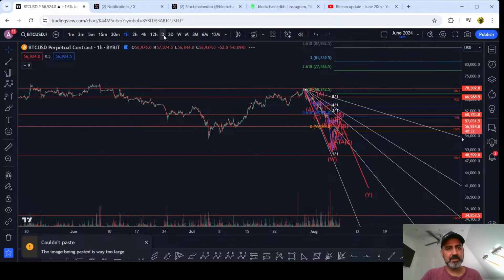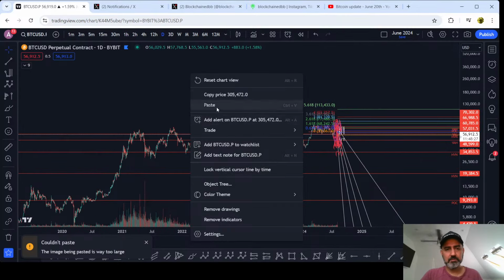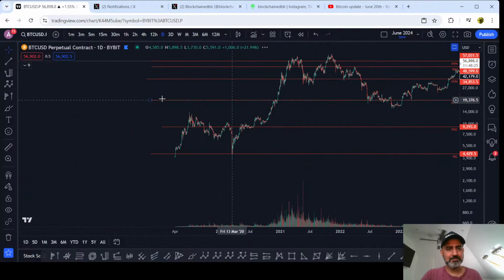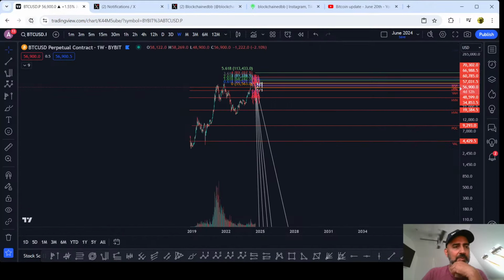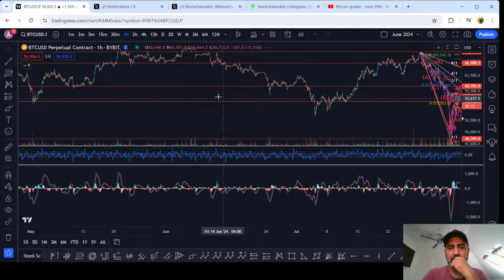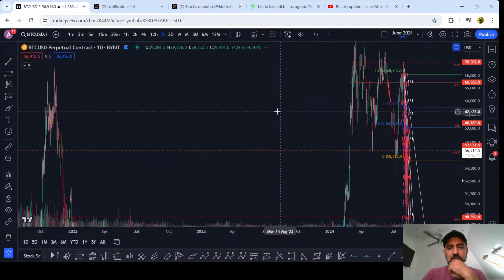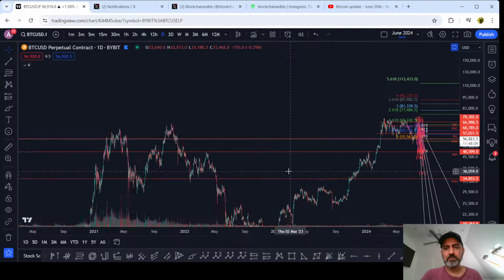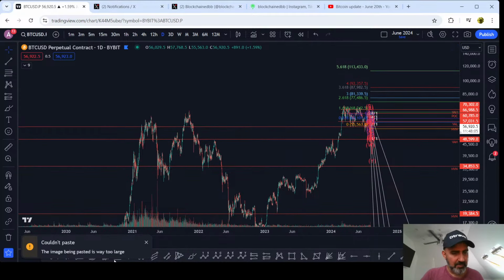I'm trying to paste it, it's not coming up. Paste. God, TradingView is a piece of shit. Let me just refresh this. Obviously there's a problem with TradingView. The image I'm pasting is way too large. Okay, that's fine.